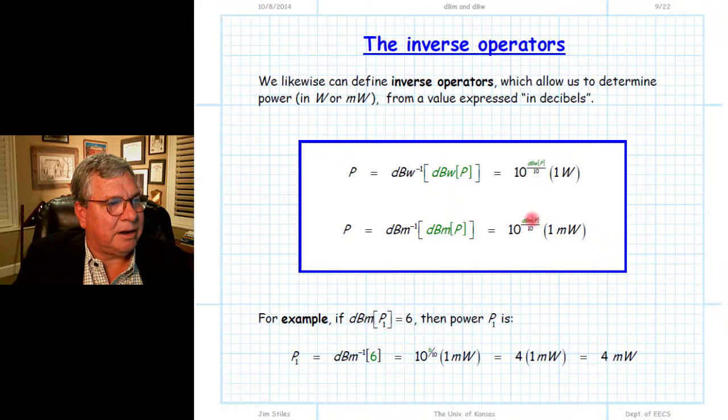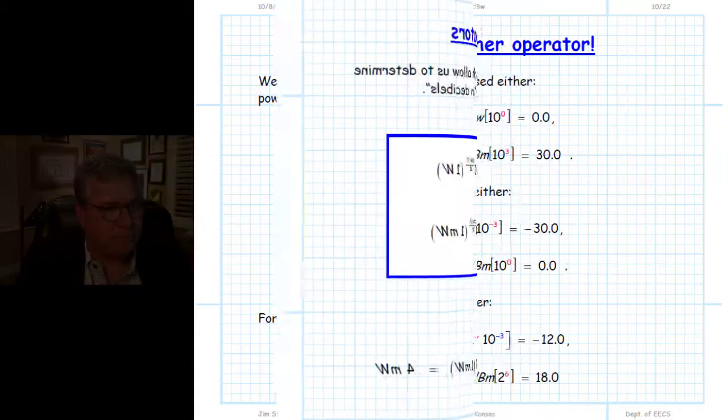We put 6 right here, so we get 10 to the 6 divided by 10. That turns out to be 4. We multiply that by 1 milliwatt, and of course we get 4 milliwatts. Again, kind of a fancy way of saying our power is 4 times 1 milliwatt, and of course that means it's equal to 4 milliwatts.